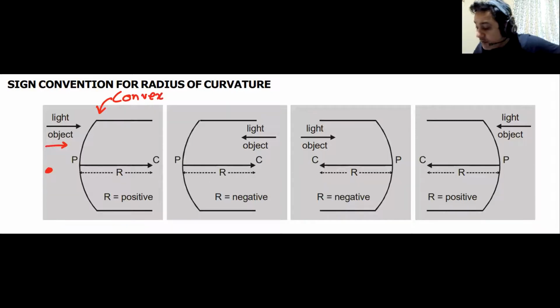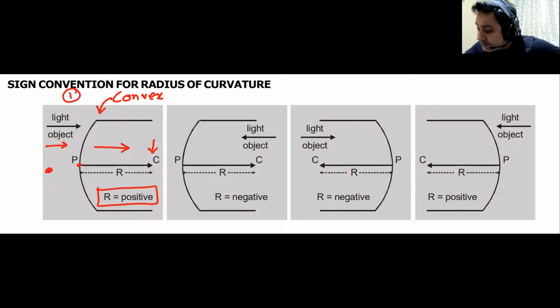Yes, sir. And the center of curvature is here. The pole P is here. The distance will be measured in the direction of the light ray, and therefore R for this convex surface will be taken as positive. Do we understand this? Yes, sir. Okay, that was case number 1.